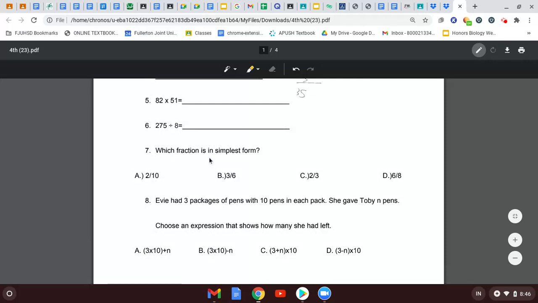Which fraction is in simplest form, which means which fraction can no longer be simplified by other numbers other than the number itself and 1. Okay, so this one can be simplified because it's 2 times 2 times 1 and 5 times 2.